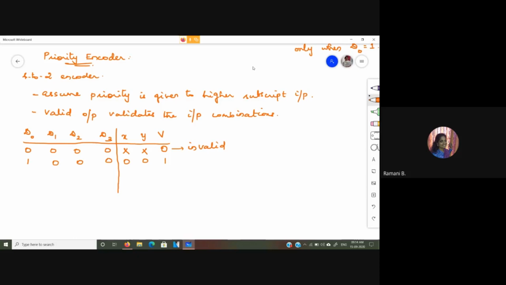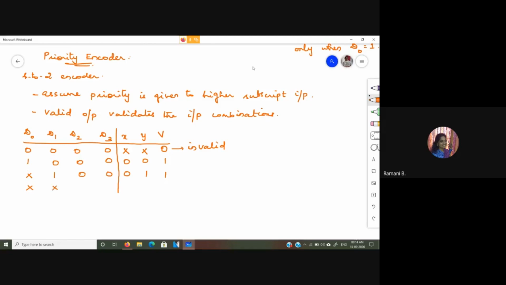Now, if suppose I have this D0 to be 1 or 0 and my D1 is also 1, and the other higher subscript values are 0, in that case, I should get the output to be 0, 1. Okay. So irrespective of my lower subscript D0 combination, if my D1 value is equal to 1 and D2, D3 is equal to 0, I should get the output as 0, 1. Okay?